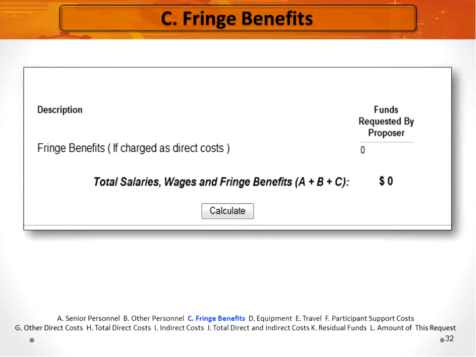Once you have entered all personnel salaries and wages, the next thing you calculate is fringe benefits, and that will be added to the amount. On this slide, you have only one number to insert for total fringe benefits on the salaries included in sections A and B. The way that you calculate fringe benefit amount should be included in your budget justification, giving your institution's fringe benefit rate and other details that will explain how you came up with the net number.